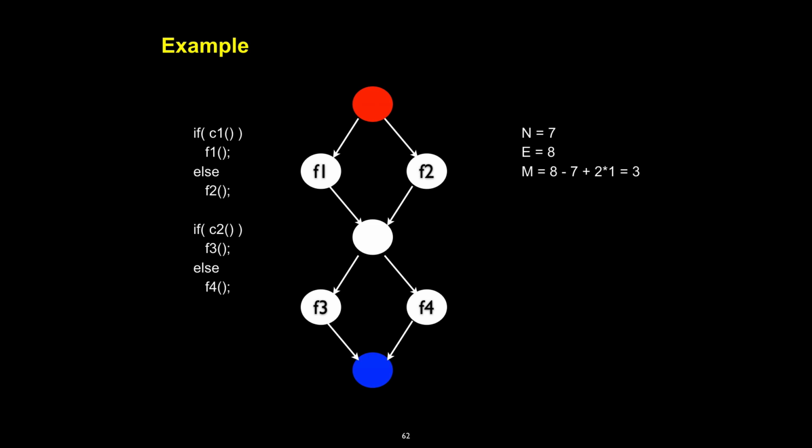And the graph is basically different ways you can flow through the code, right? So you got 2 if statements. And so those 2 if statements give us, right, this graph. And so the number of nodes is 7, number of edges is 8, and it's all one component, right? They're all connected. And so the complexity is 3.